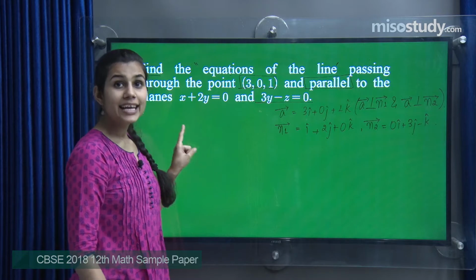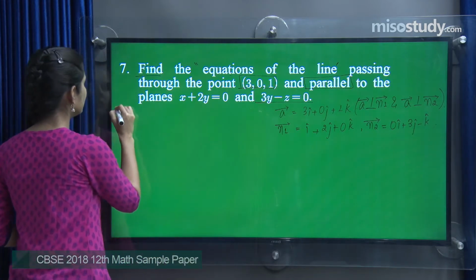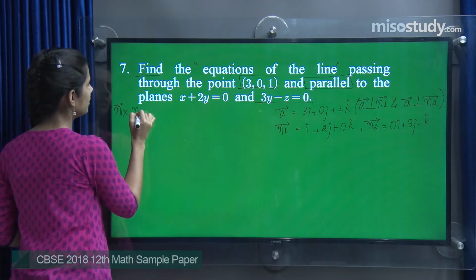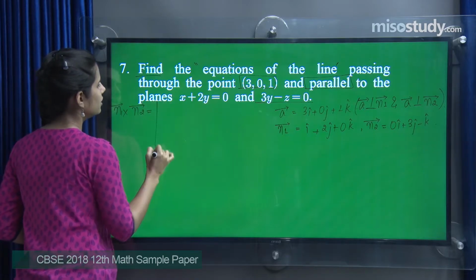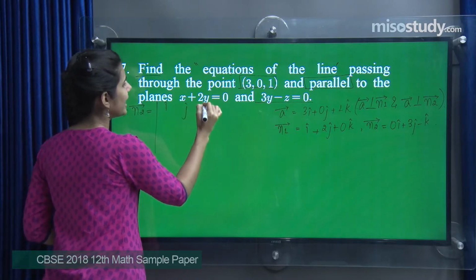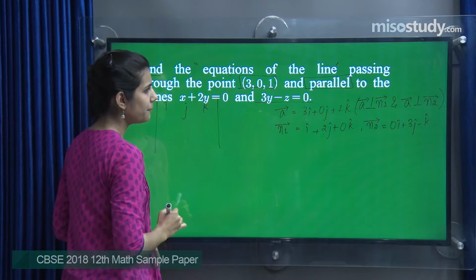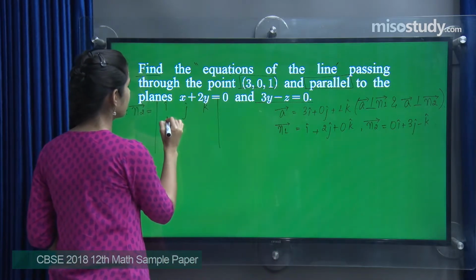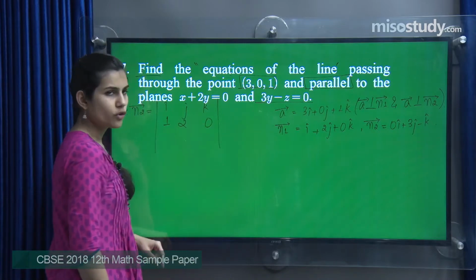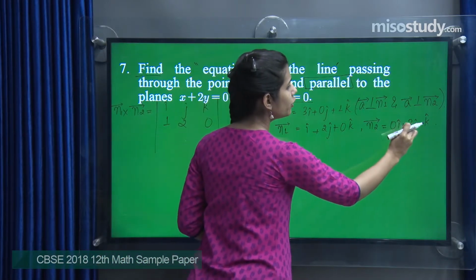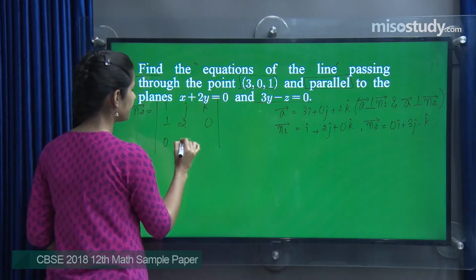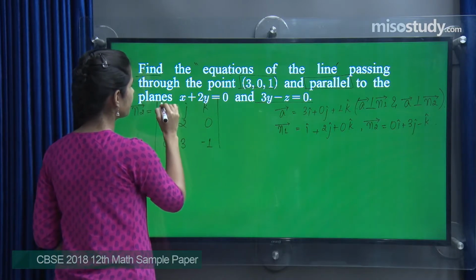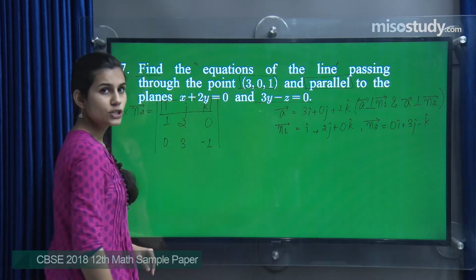Let us now find n1 cross n2. How is that found? i cap, j cap, k cap. N1 is what? 1, 2, 0 is what's supposed to be written over here. And what is N2? 0, 3, minus 1. Solve this out.